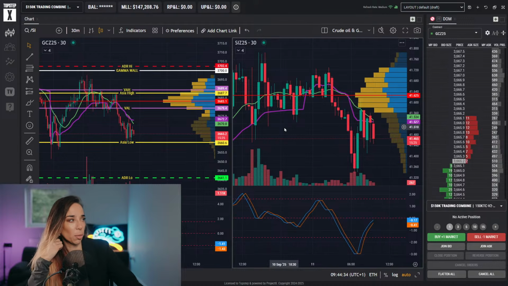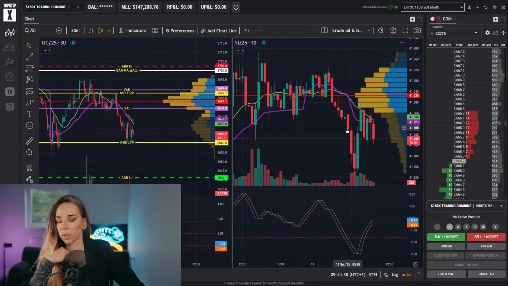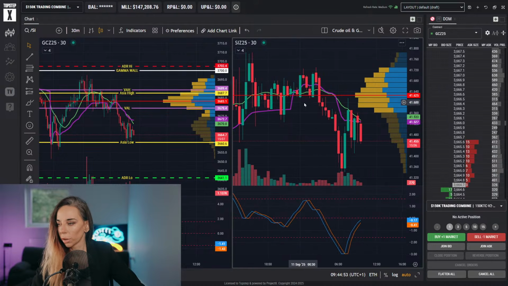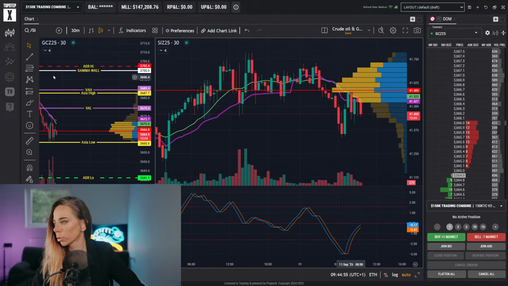Okay, Shay wants COMEX, so does M Stone. All right, let's do COMEX. Change that. Okay, COMEX value low, 41,547, to be super exact.